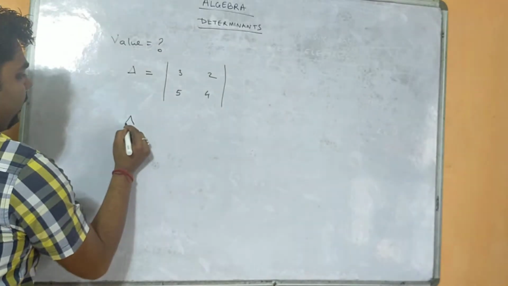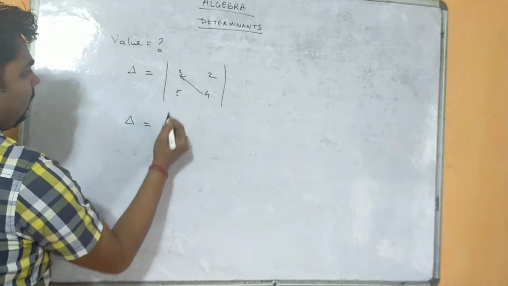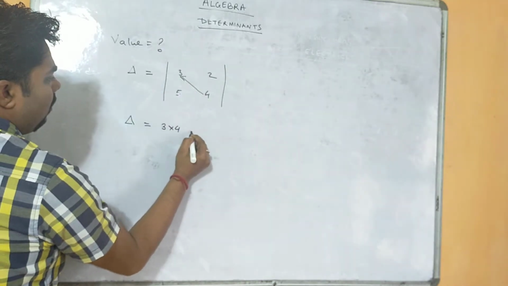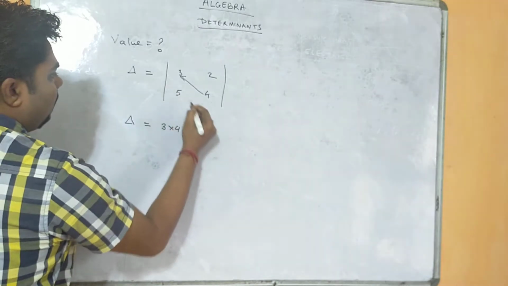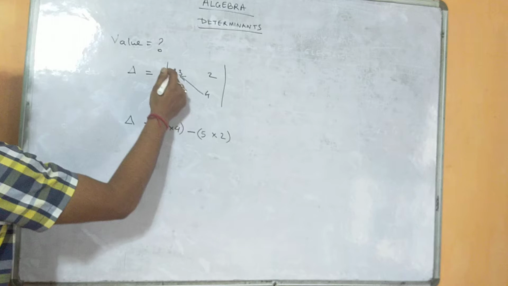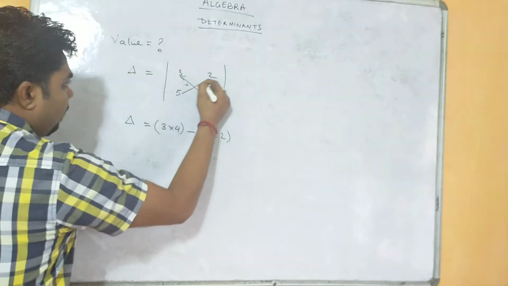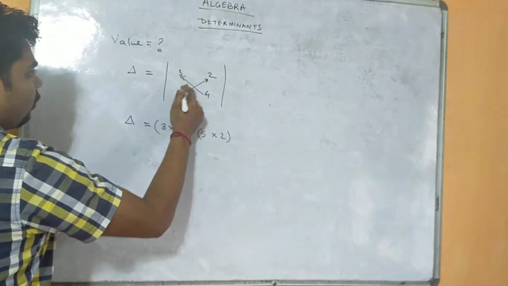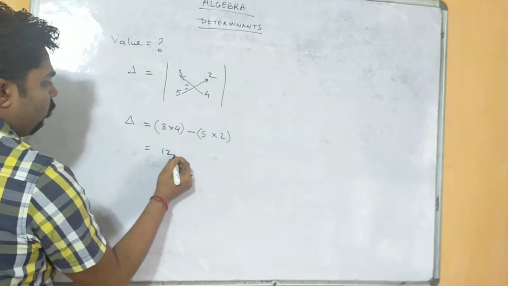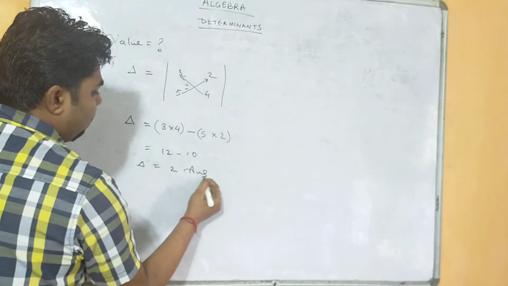To find the determinant value, we multiply 3 into 4 minus 5 into 2. So 3 into 4 is positive, and then minus 5 into 2. That is 12 minus 10, and the answer is 2.